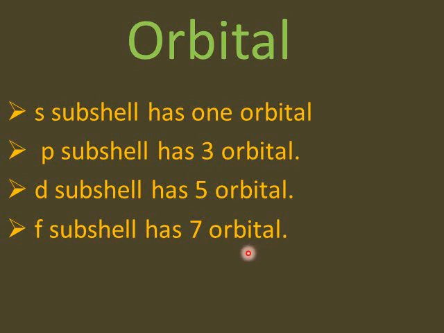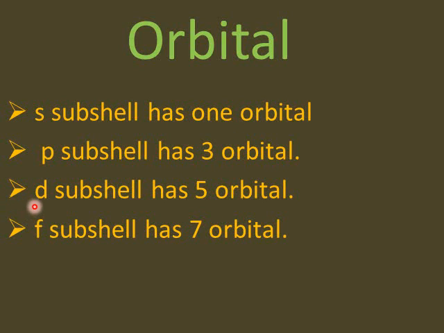Now you have studied in Pauli's exclusion principle that no orbital can accommodate more than 2 electrons. So here we can say that in the p subshell it will be 6 electrons, so that each orbital will carry 2 electrons. Similarly, the s subshell has 1 orbital, so it can accommodate only 2 electrons according to Pauli's exclusion principle.